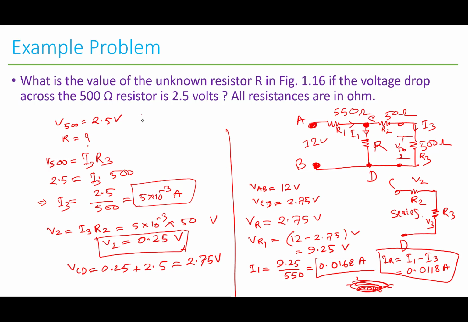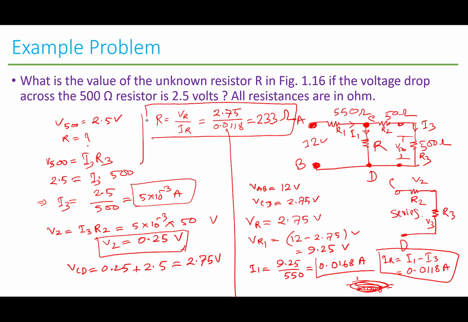Now we can find out the value of R equals VR over IR, which is 2.75 over 0.0118, equal to 233 ohm. So this is our final answer.